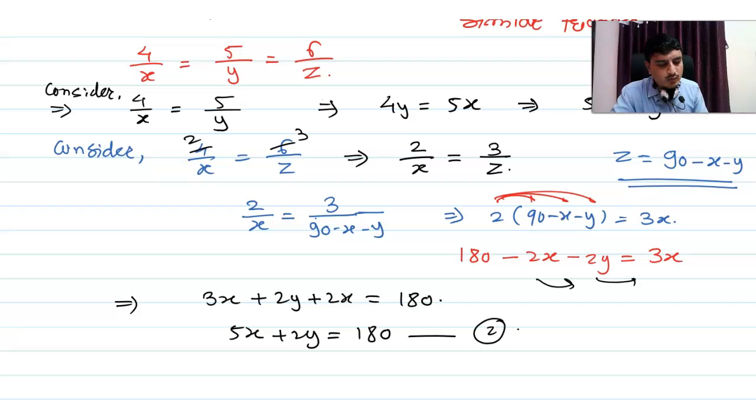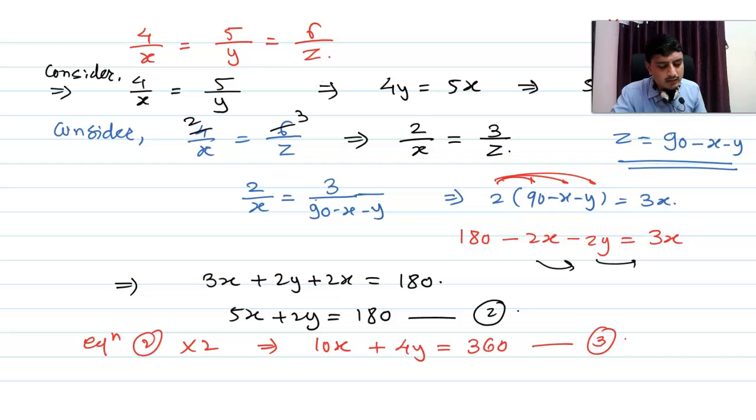Look at equations 1 and 2 carefully. Once we multiply equation 2 by 2, we get 5 2s are 10x plus 2 2s are 4y equals 180 2s are 360. Call that new equation number 3.